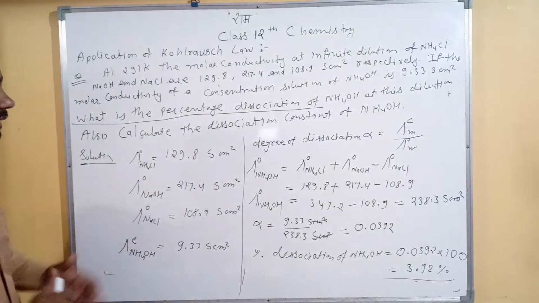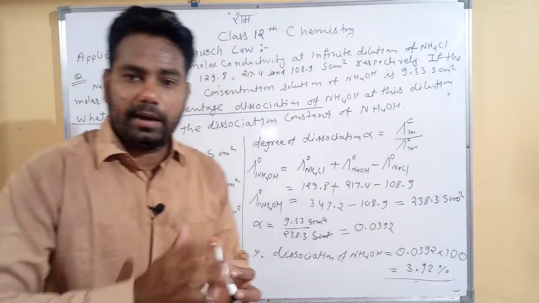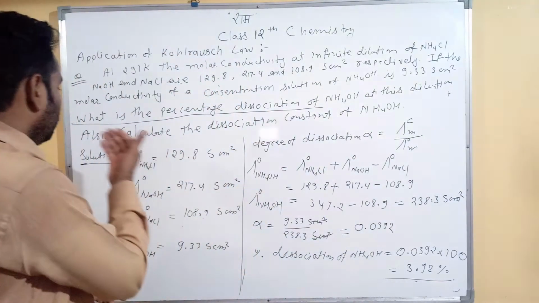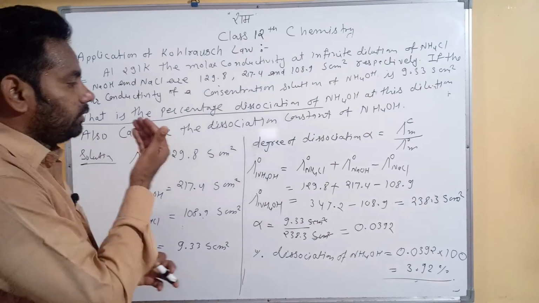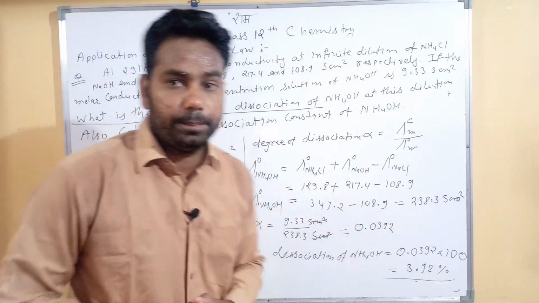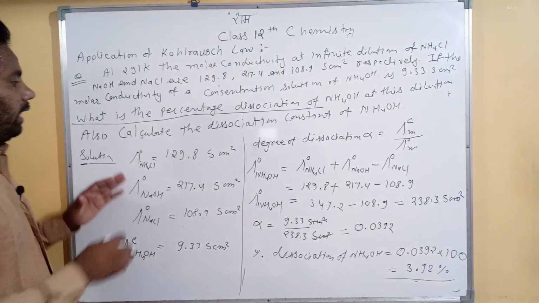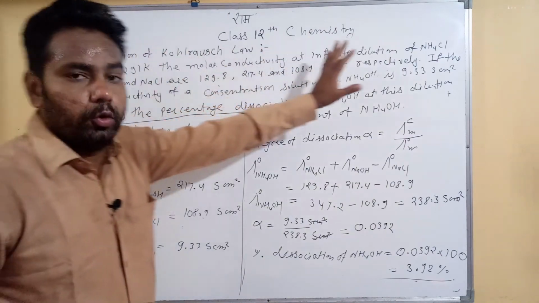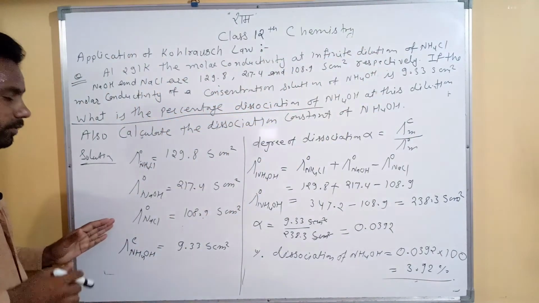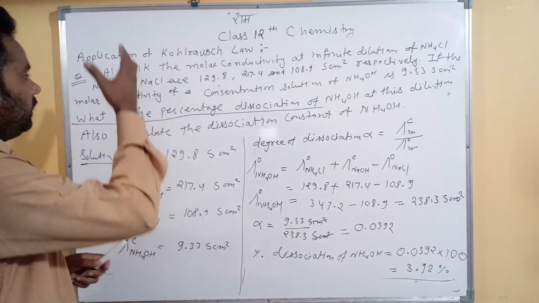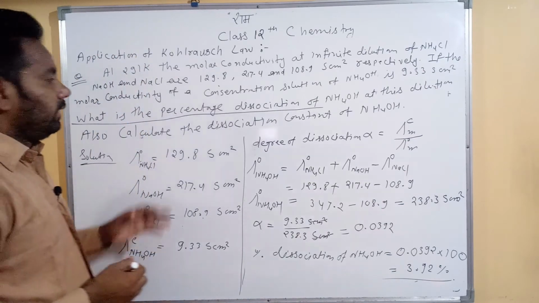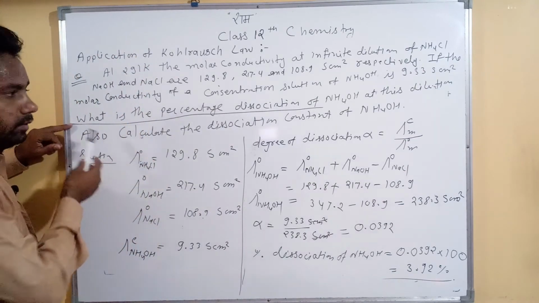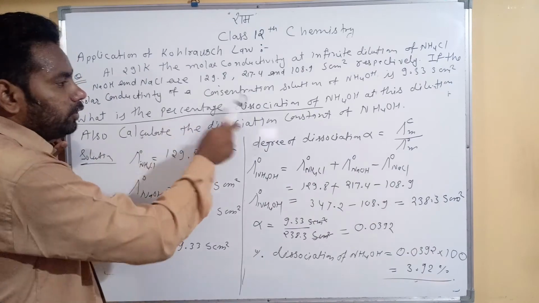So first we understand the degree of dissociation and I remove it. Then I solve for the dissociation constant. Okay, first I read the full question and wrote down here what is given. Then second, our question asked about the percentage of dissociation.